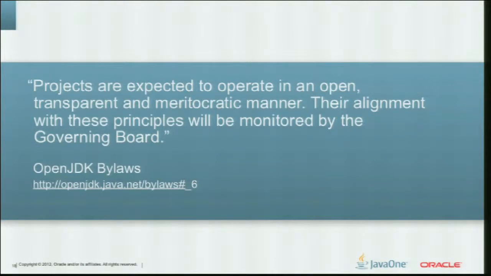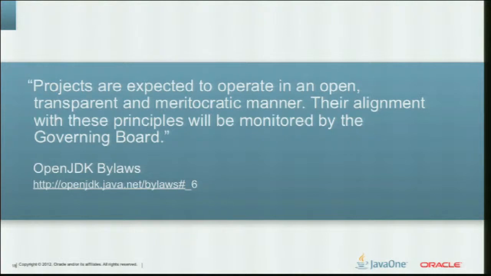And this brings me to the real inner mechanics of how these things fit together. So in OpenJDK, we have bylaws which have certain rights and duties for participants, and which also set expectations on how projects like the OpenJDK 7 update project are supposed to operate. Right?